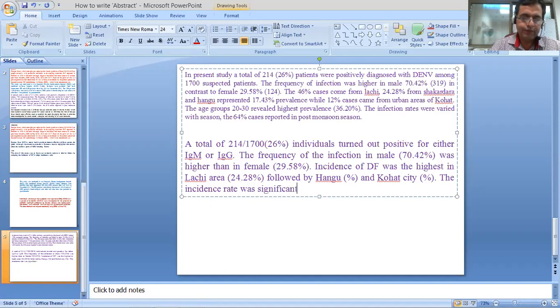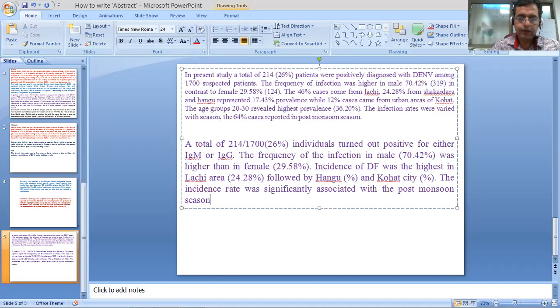If you have done this statistical analysis and this is a significant association, then you can write that the incident rate was quite significantly associated with the post-monsoon season. Okay, so that is a good message. So all these are your important results that you have given out here.